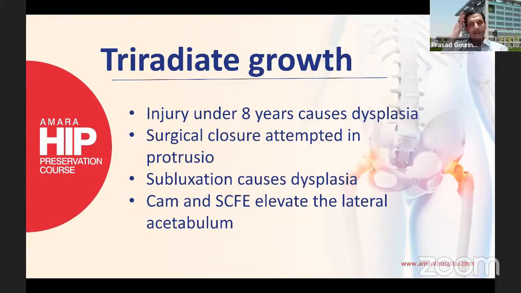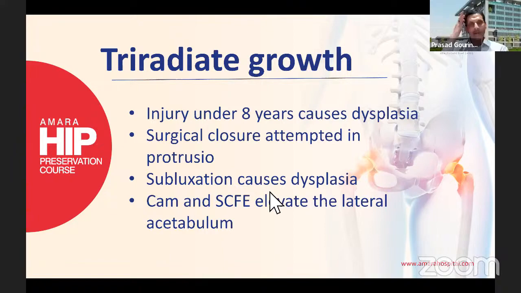There is a surgical procedure that closes the triradiate cartilage in an attempt to correct protrusio. You can actually treat protrusio by fusing the triradiate cartilage and causing dysplasia. That will compensate for the initial protrusio. So subluxation of a hip in a growing child causes dysplasia because the head is not pushing on the triradiate cartilage to make it grow round.